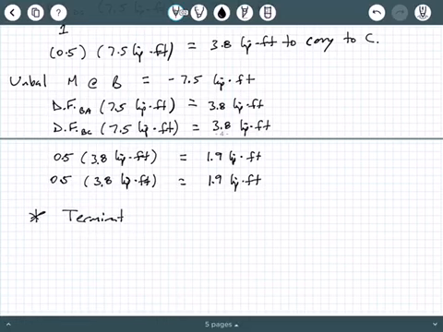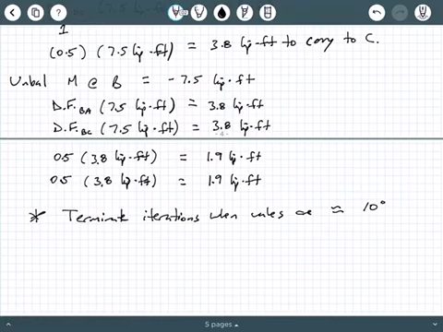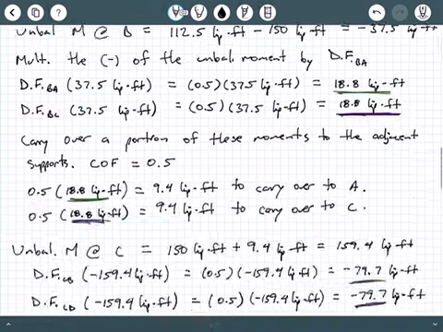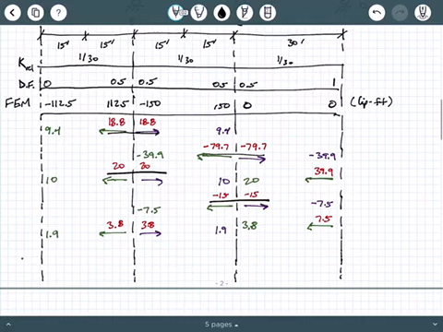We can say terminate iterations when values are approximately 10% within moment balancing. This would be fantastic in an Excel spreadsheet because you could just drag it down, however far you want.